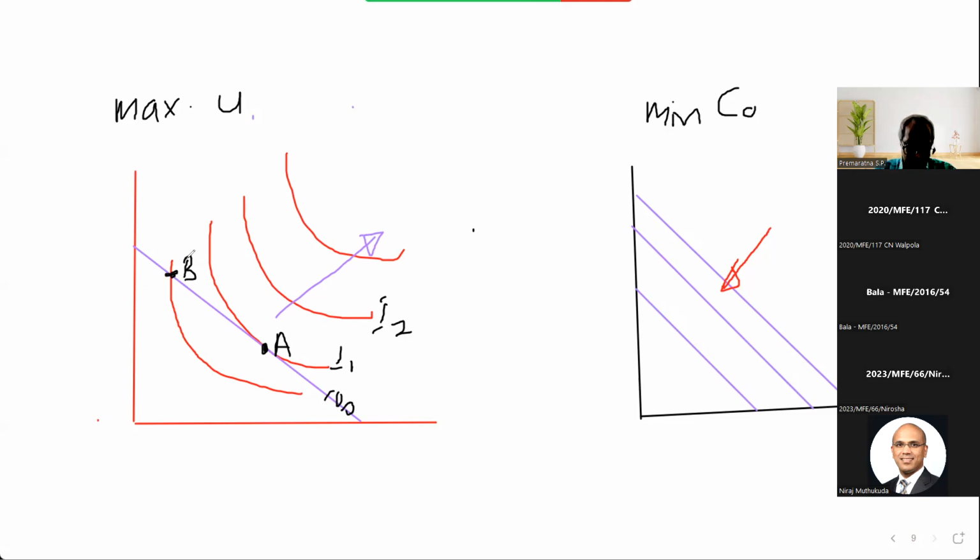So you can see if someone consumes at point B, they expend $100, but they get, let's say, 10 units of satisfaction. With the same money expended, you can get 20 units of satisfaction. So the rational consumer goes and achieves this point, efficient consumers.